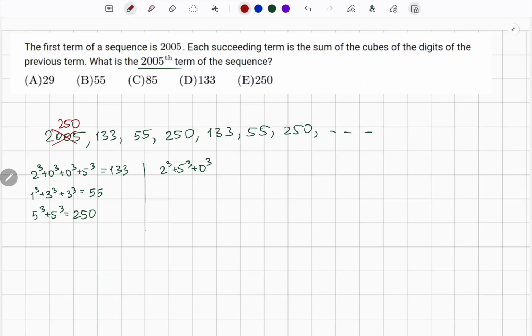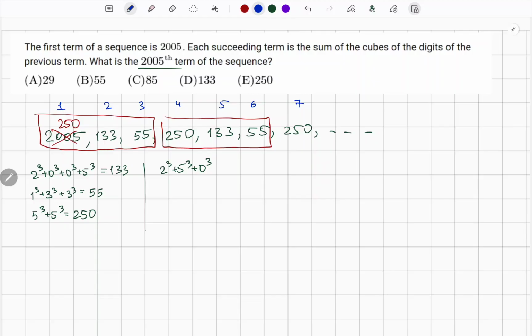So now let's group the numbers by 3. So 250, 133, 55, and then it repeats again and again indefinitely. So I can do the same thing as we did in the previous problem. I can put the order numbers 1, 2, 3, 4, 5, 6, 7. Especially if you're a novice, it would explain a lot.